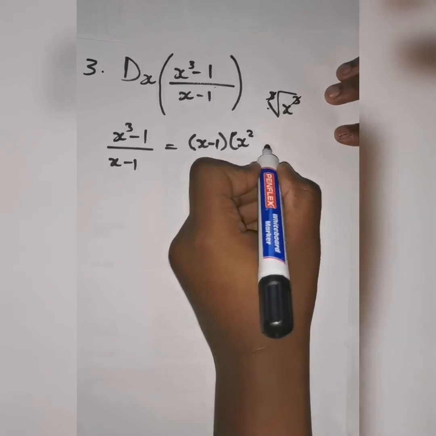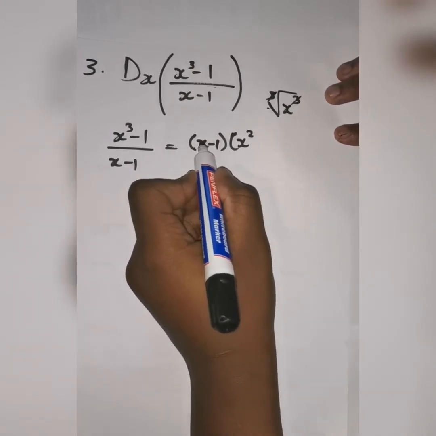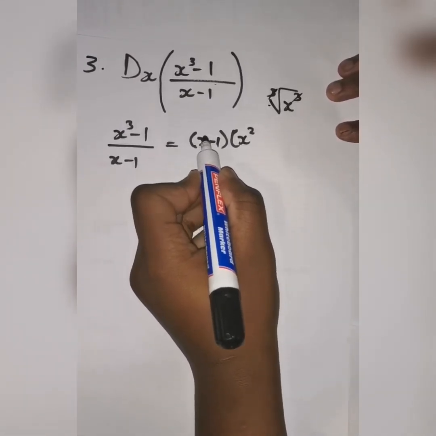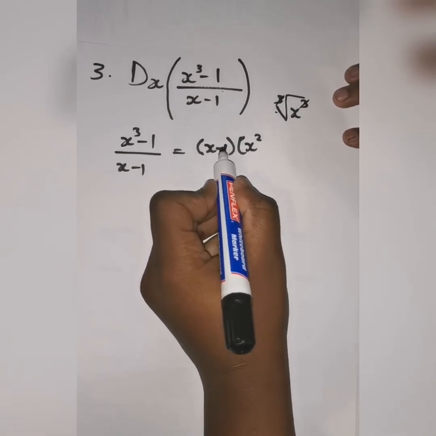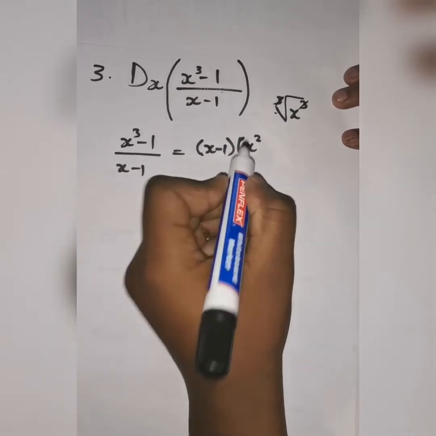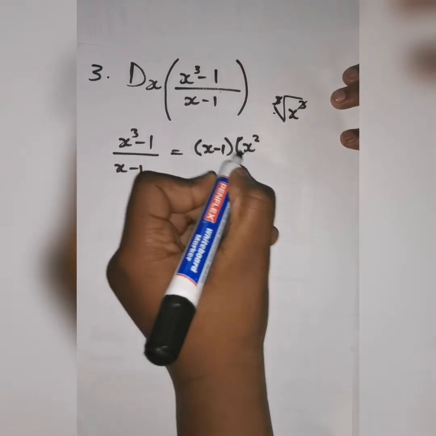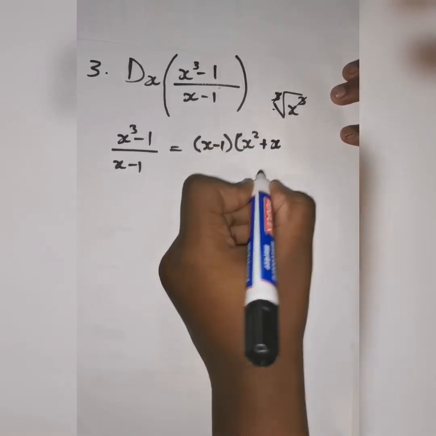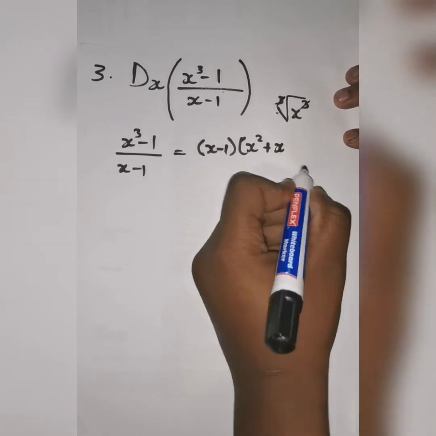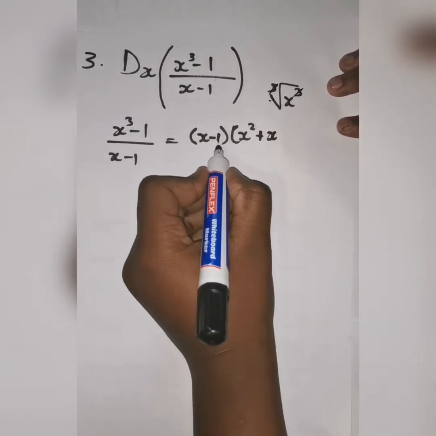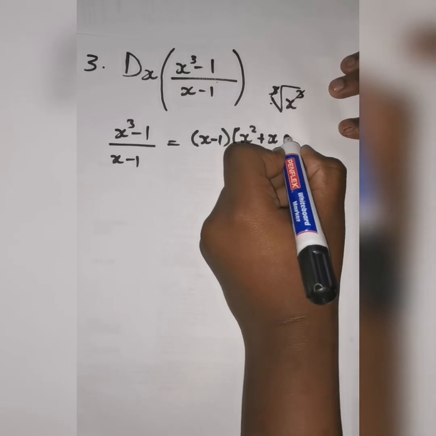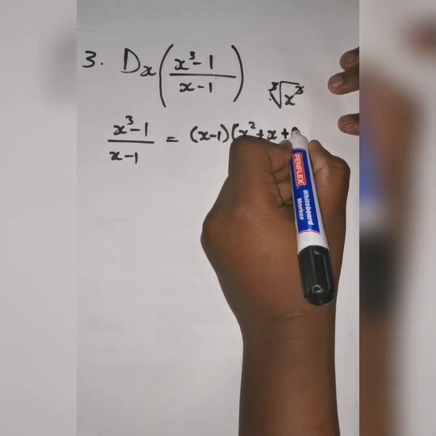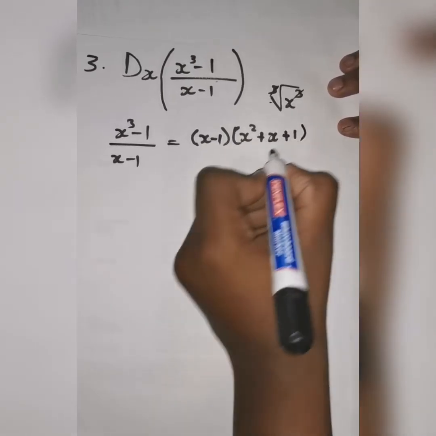And then for the following part, we multiply these two. So x multiplied by -1 gives us a negative x. But as a rule, we oppose the sign, so it's going to be a positive x. And then for the last part of our bracket, we square this, so -1 squared gives us a positive 1, right?